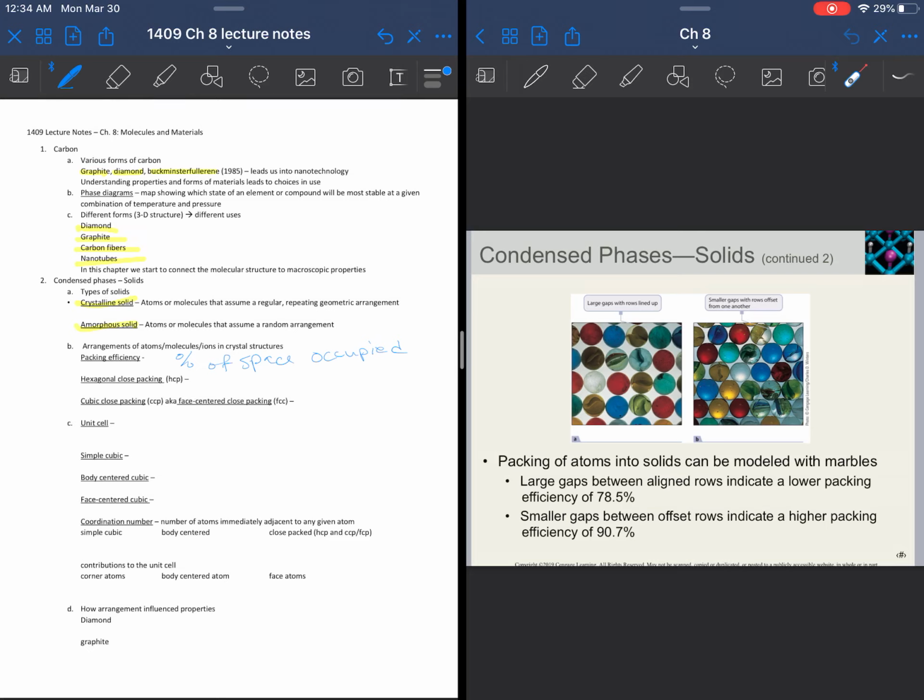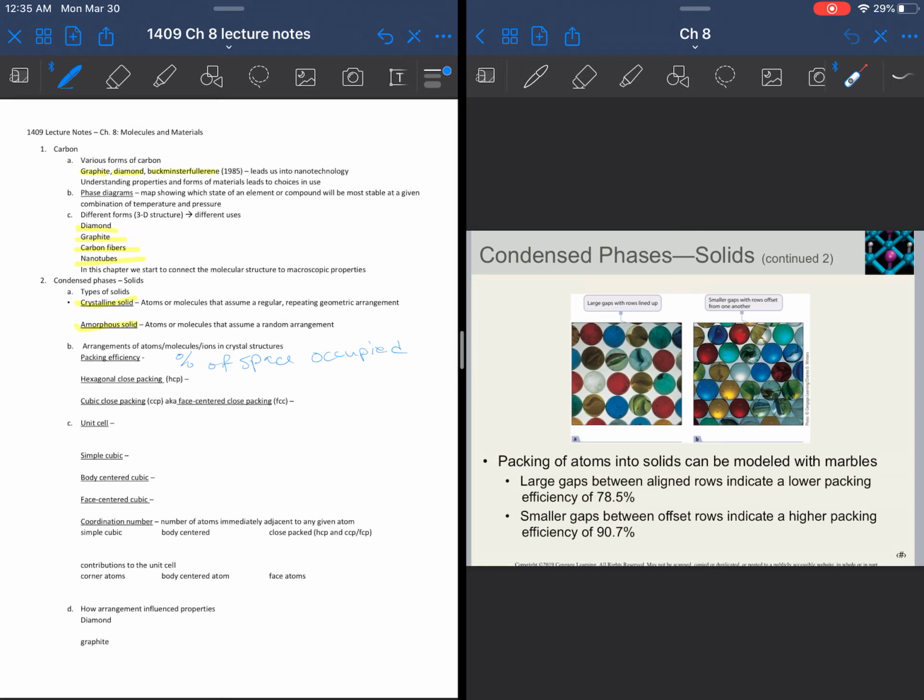So if you think about atoms as sort of hard spheres, like these pictures of marbles, there are different ways you can arrange these marbles to be more or less efficient. If you just line up the marbles in this very linear way, you wind up with quite a bit of free space here. This efficiency is calculated to be 78.5%. That means you have over 20% that's just empty space.